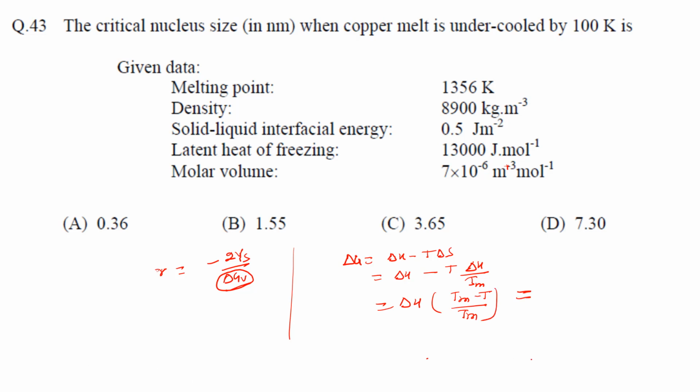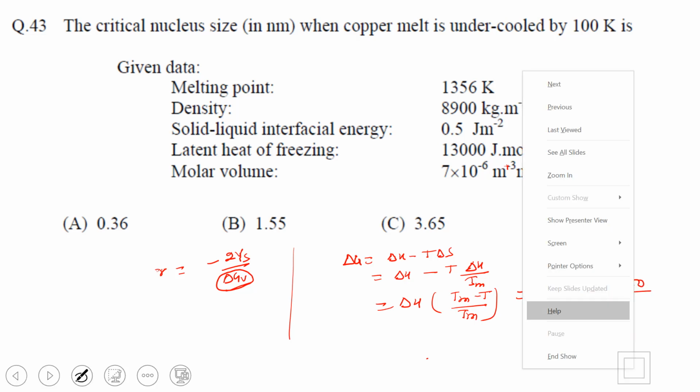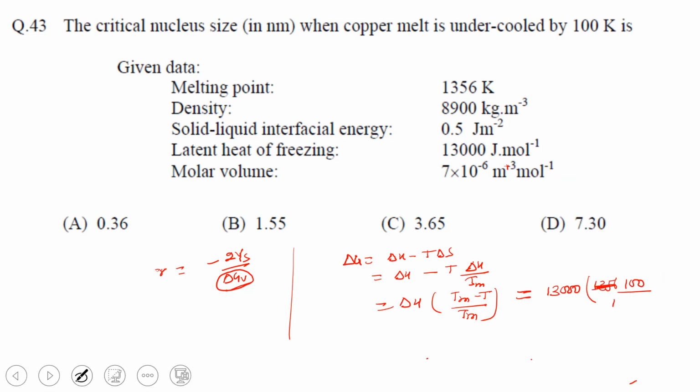So if we calculate delta G, delta H over here is given 13,000, Tm is 1356, and since it's undercooled by 100, you can directly write undercooled by 100. Melting point will be 1356, right?